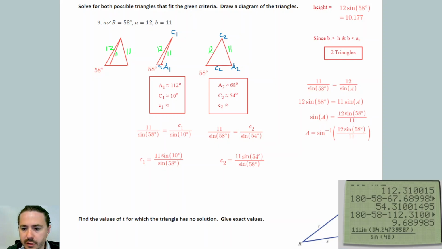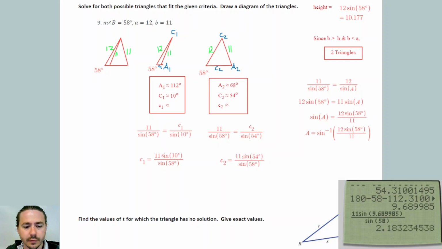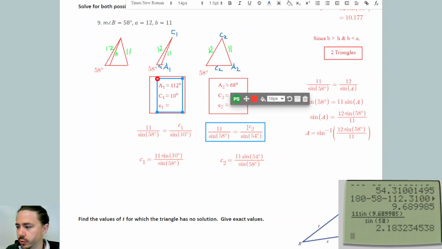Okay, so we got 11 times the sine of 10 degrees over the sine of 58. This one's going to be about 2.183.